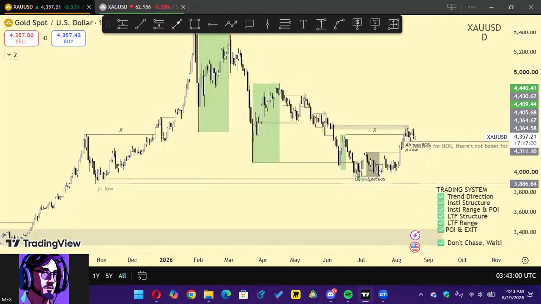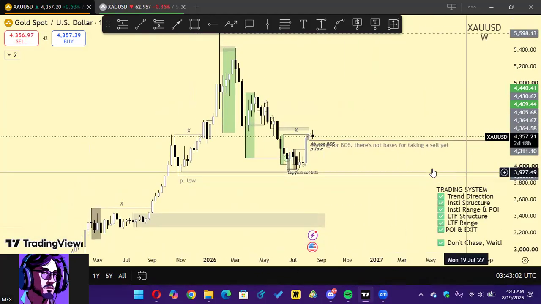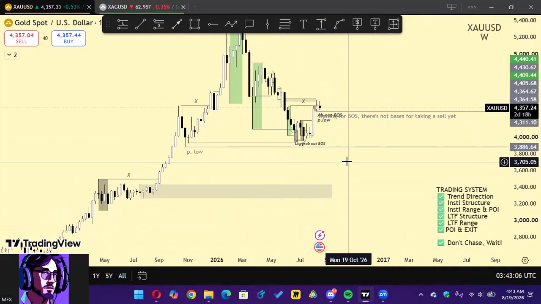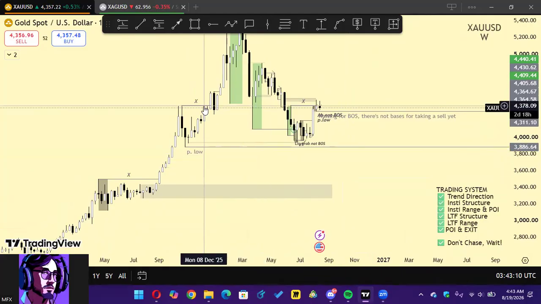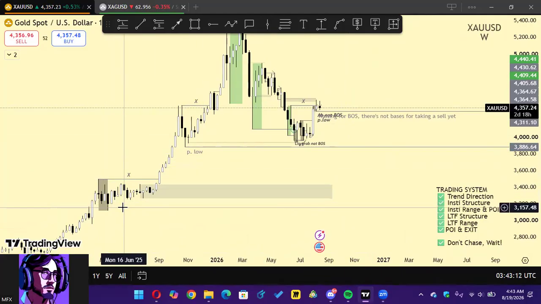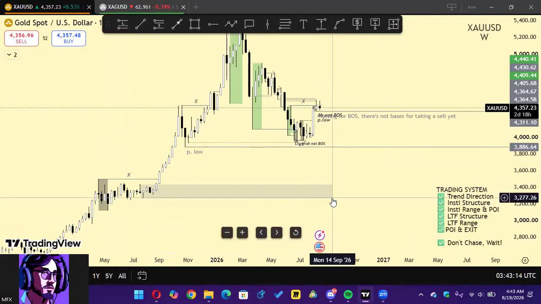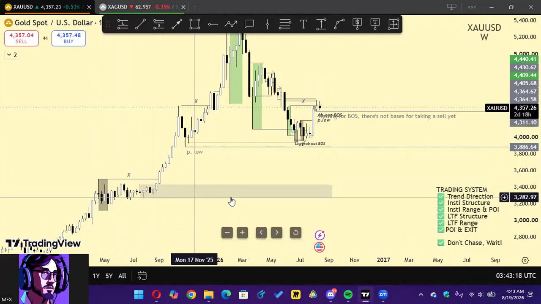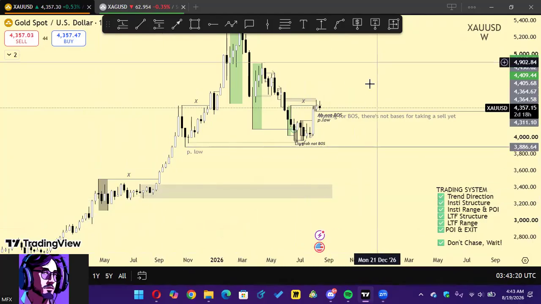Mind you, I remember there was a video where I was talking about the fact that I was thinking this was going to be the institutional range that should hold, that its institutional POI was going to hold to take us higher.